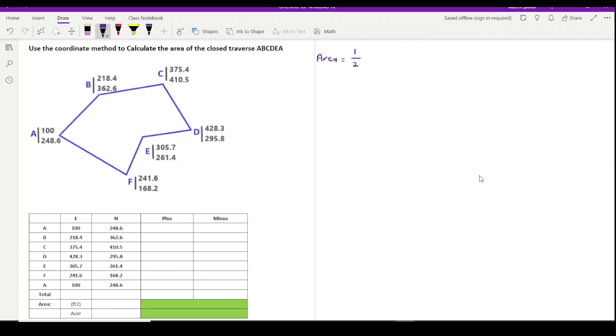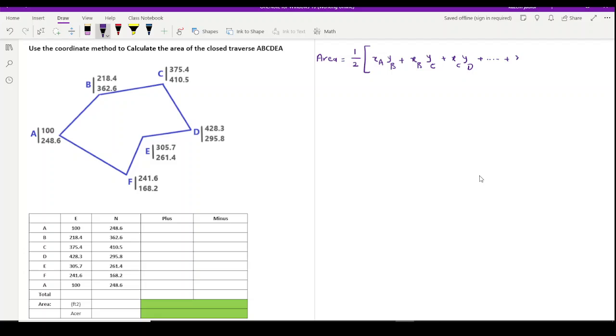Area is equal to 1/2 of, don't forget there is a half in front of this equation, bracket, xa times yb plus xb times yc plus xc times yd plus, you need to repeat this until you get to the last corner before a, because we have to close our traverse.